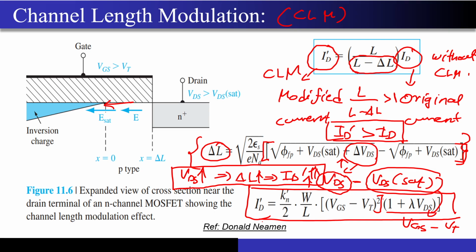This term that you are seeing is the only extra term that you have. And now you will ask me what is this lambda? Lambda is nothing but your delta L divided by L, right? And delta L I already told you is by how much distance the channel has been shifted. You don't have any channel over here, so this is the value of delta L that you have. And how to calculate this delta L? You have a formula over here.